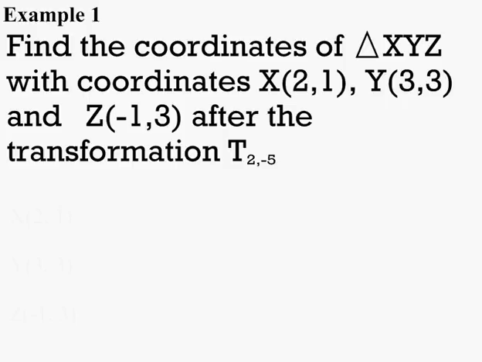All right, so here's an example. Find the coordinates of triangle XYZ after the transformation T 2, negative 5. This capital T, as you know, means translation. So we know we're dealing with a slide here.